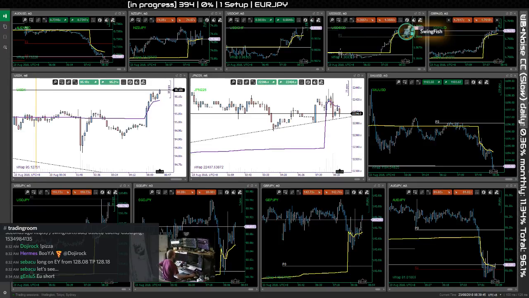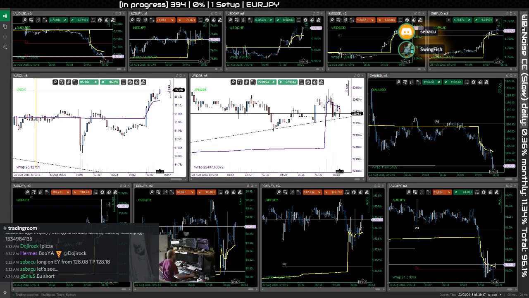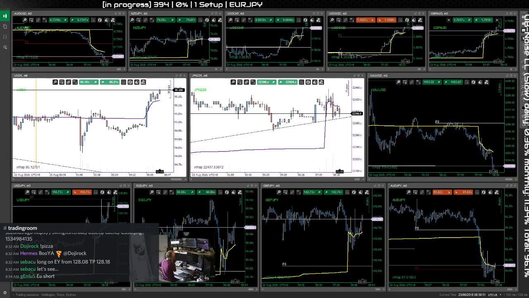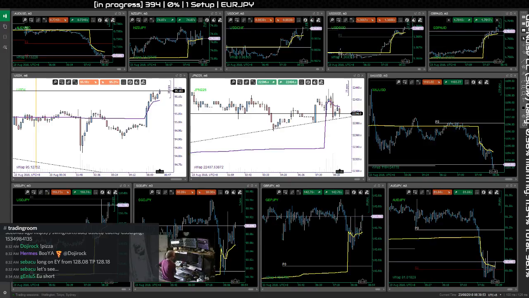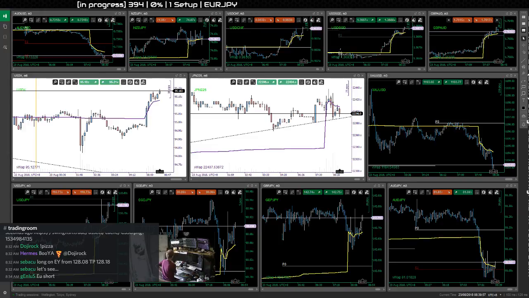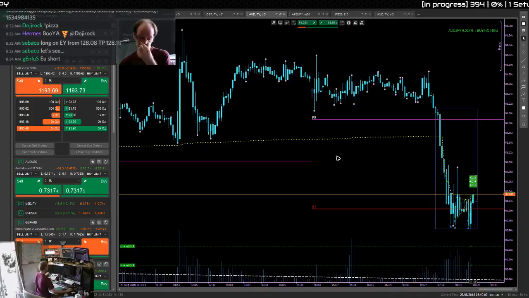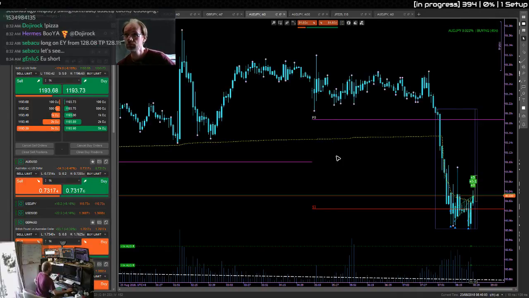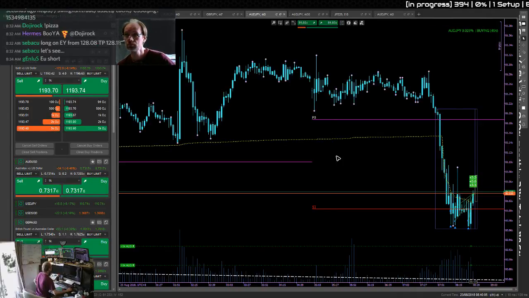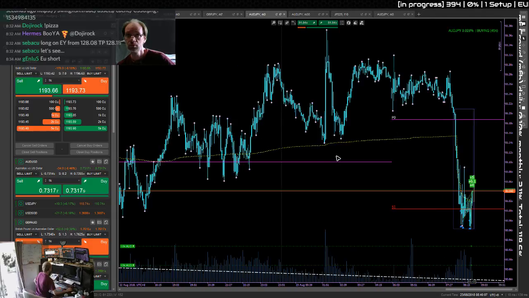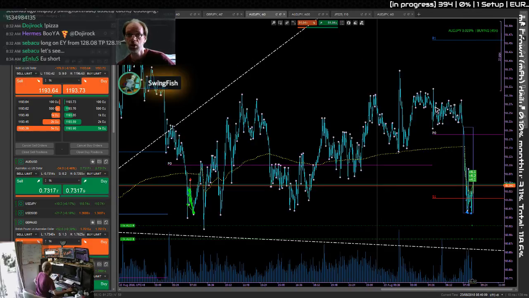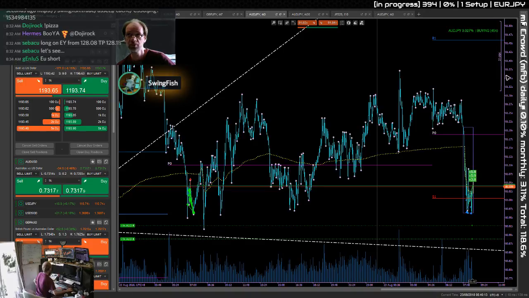Then we will know if that's real or not. AUDJPY has no resistance, this is very far up.